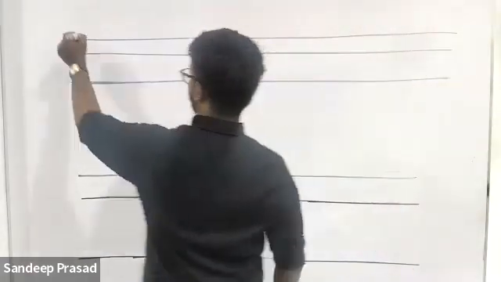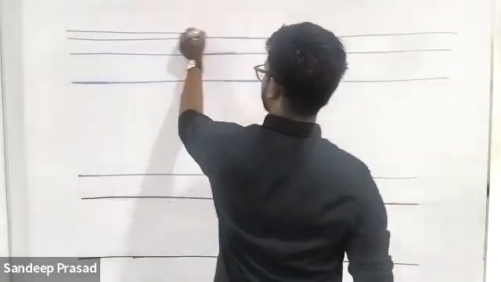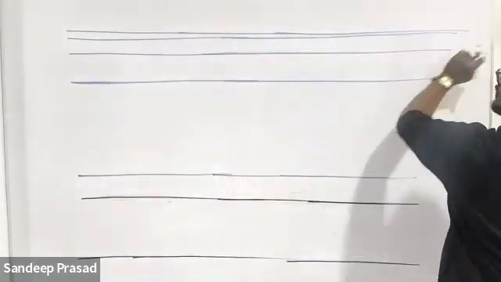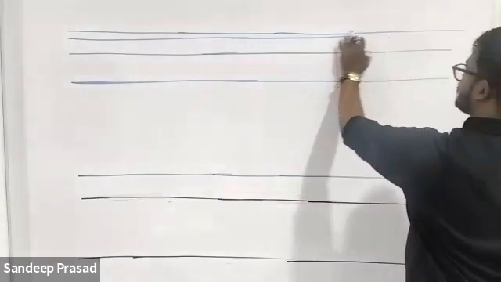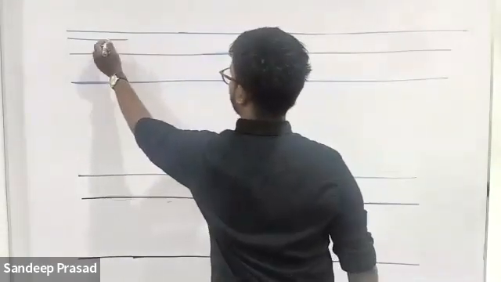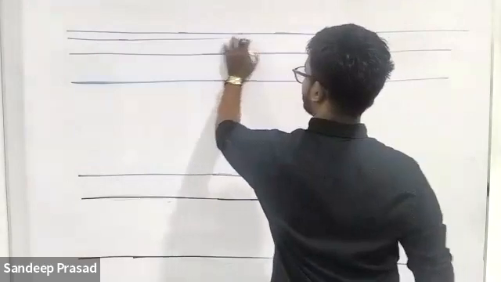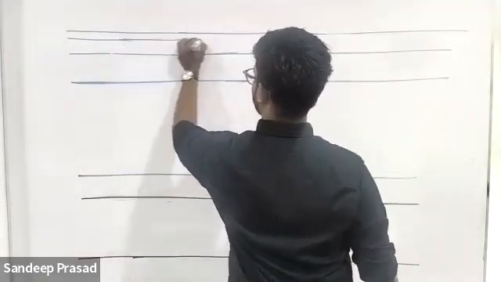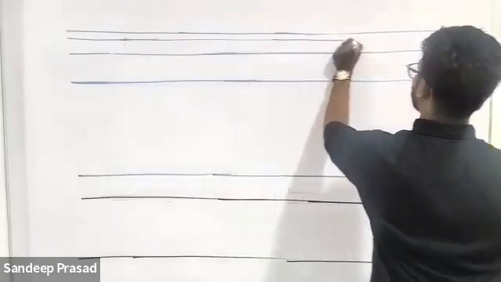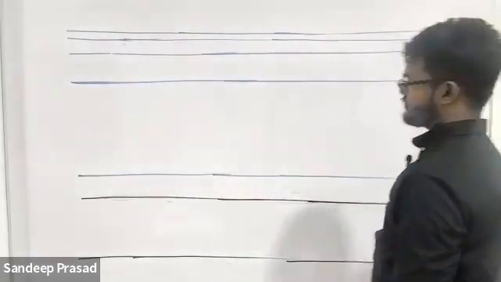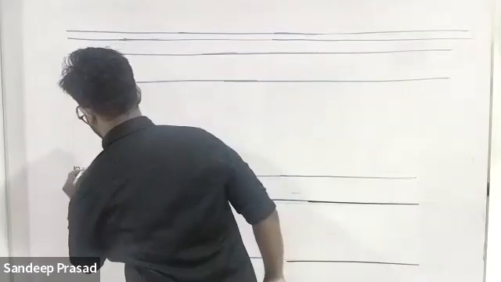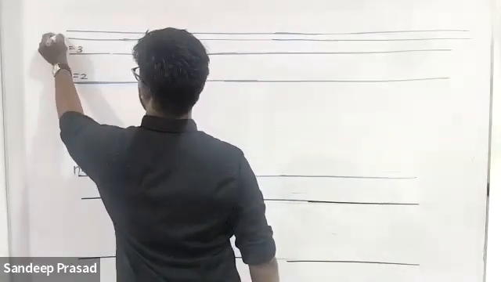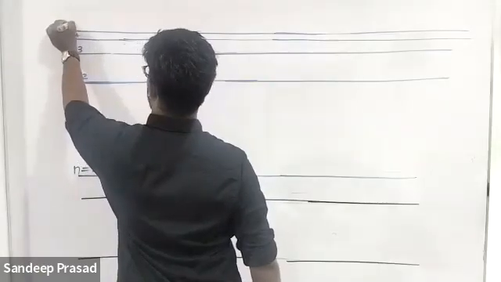Fourth principal energy level. N equals 1, N equals 2, N equals 3, N equals 4, N equals 5.